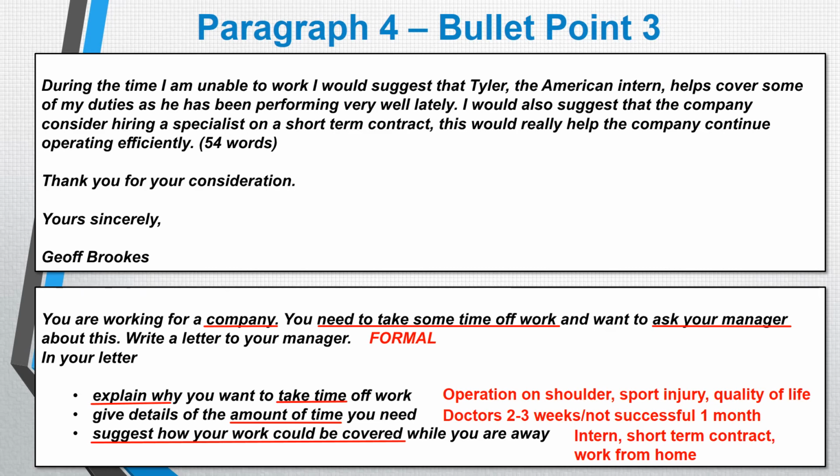Once more, I've used specific vocabulary to this situation. For example, I've used the phrase continue operating efficiently, or consider hiring a specialist, and intern. These vocabulary choices again keep the tone formal.